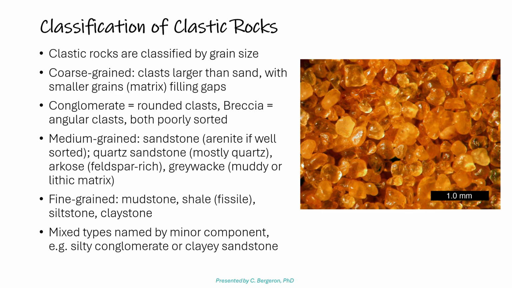With your fine-grained rocks, these are going to be rocks that have a grain size smaller than sand. So on that classification chart, they're going to be either silt or clay. And we refer to rocks that are made from these grain sizes as mudstone, shale, siltstone, and claystone.